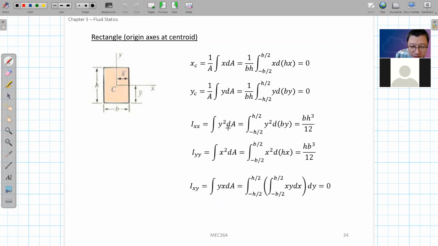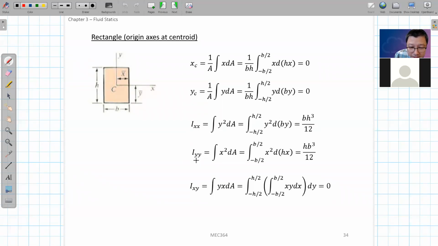You integrate y squared dA, and remember that y goes from minus h over 2 to positive h over 2. This simple integration gives you the result b times h cubed over 12, where b is the width in the x direction and h is the height in the y direction. This gives you the so-called second moment of area with regard to the x-axis.